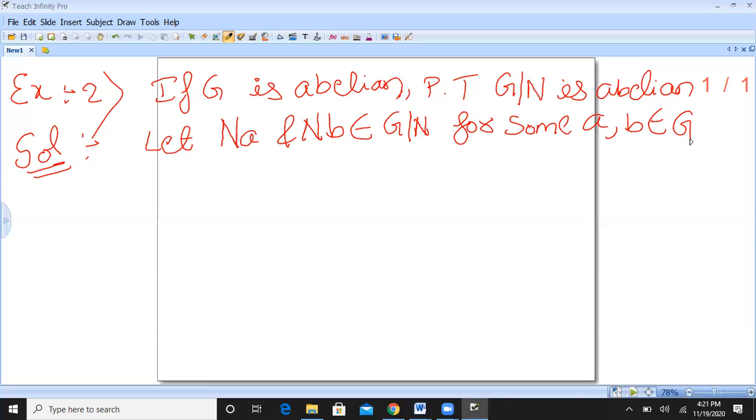Let Na and Nb, by the definition of the factor group, belong to G by N for all a, b belonging to G.